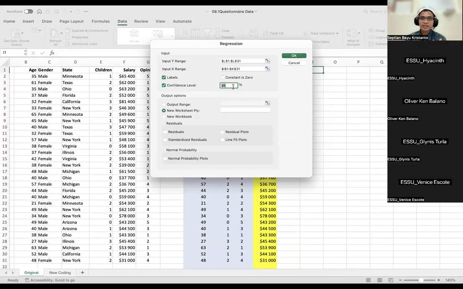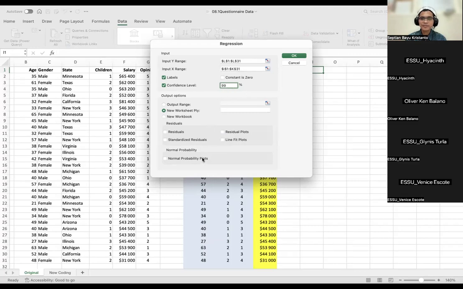This is the confidence level that we learned in the previous two meetings. If you have a 95% confidence level, it means that you believe your data contains 5% error. But if you feel that your data only has 1% error, you can change it to 99%.